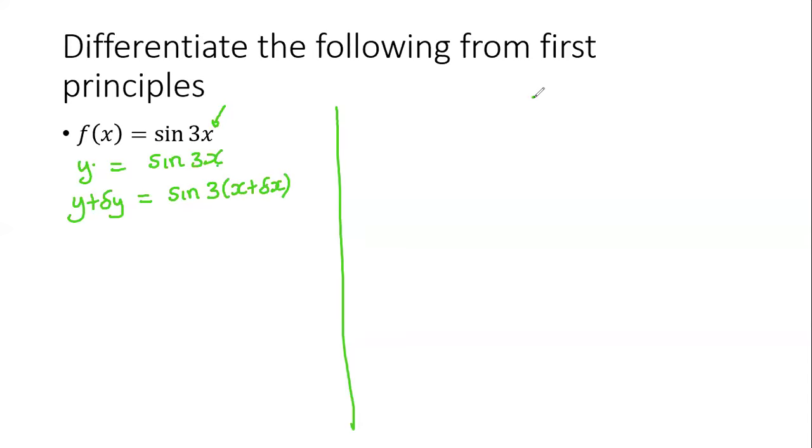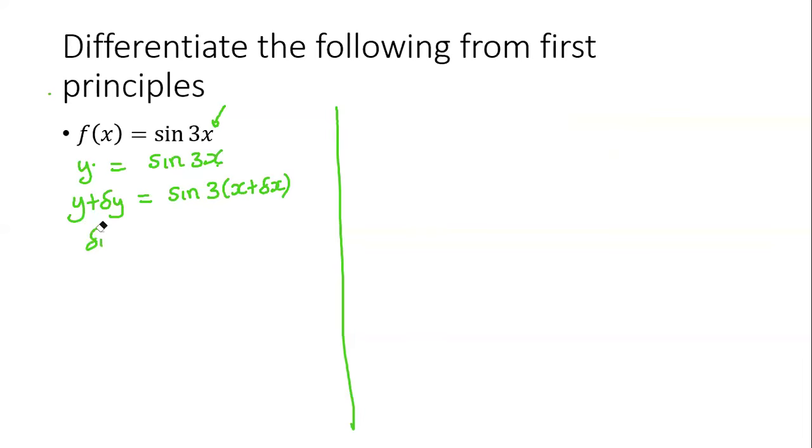Don't make the mistake of saying 3x plus small change in x. It is x that changes, but x is being magnified by 3. So that is wrong. Avoid doing it. So you add on x. Now we continue. We get the y to this side.